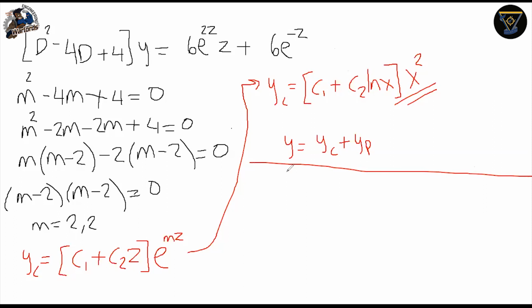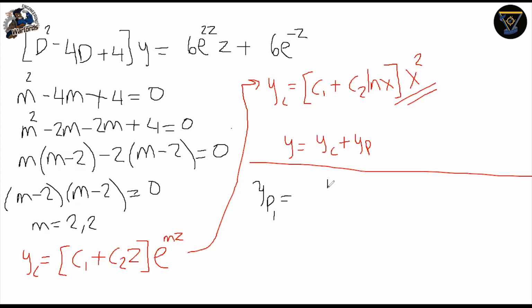So to find yp now, we're going to have yp1, because we're going to have two yp. We're going to have a yp for this here, which is yp1, and another yp here, which is yp2. So we're going to use this one first.